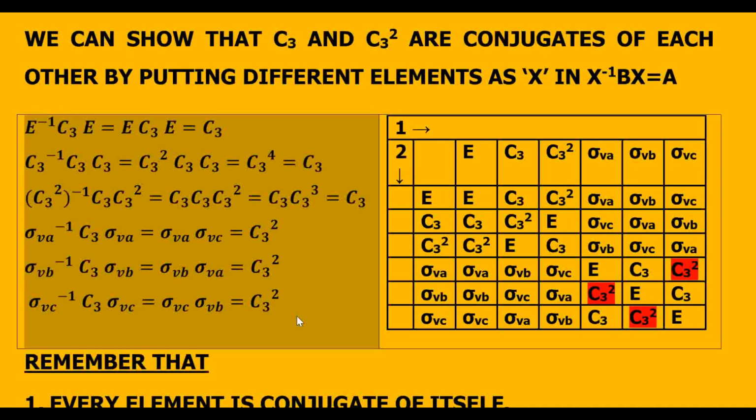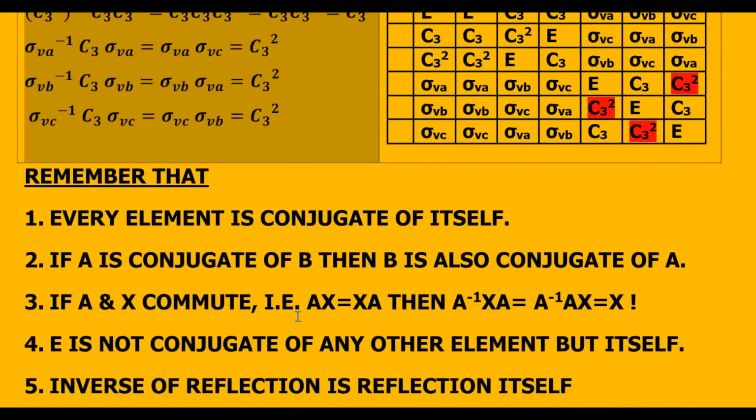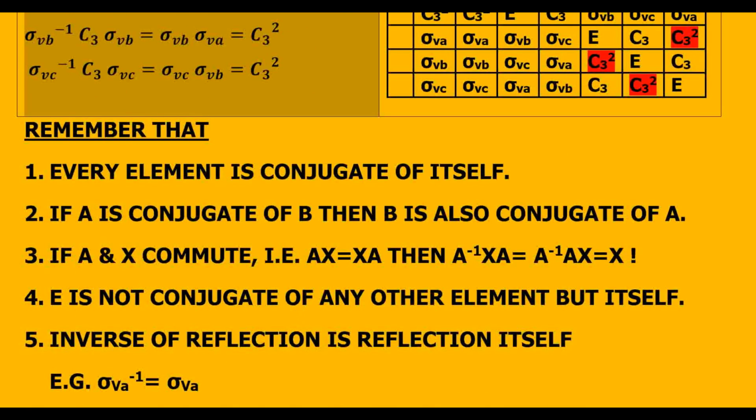Now during the process you did many new conceptual things, so I am going to list them out and remind you once again. Every element is a conjugate of itself, that we saw in the case of C3. When we put X is equal to C3 and B is equal to C3, you will see that the result is always equal to C3.